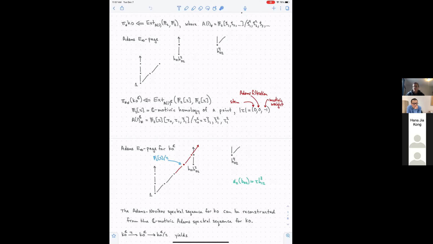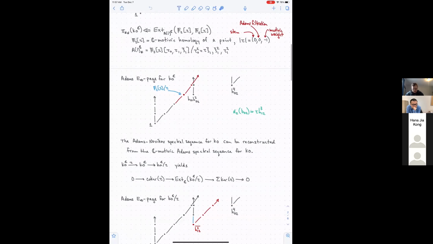But I have a different way. The way I find the Adams-Novikov spectral sequence for KO is that I can reconstruct it from the C-motivic Adams spectral sequence for KO. The point is that instead of looking at C-motivic KO, I could consider C-motivic KO mod tau.